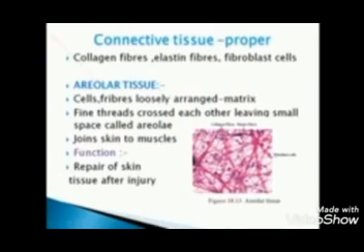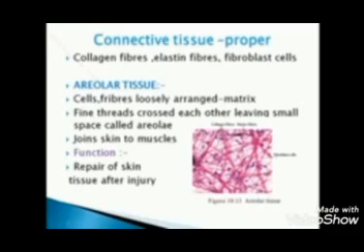Now the first one is connective tissue proper. Connective tissue proper consists of collagen fiber, elastic fiber and fibroblast cells. Now the first one is the areolar tissue. It has the cells and the fibers loosely arranged in semi-fluid ground substance called matrix.